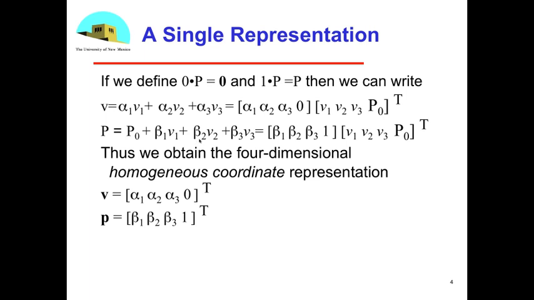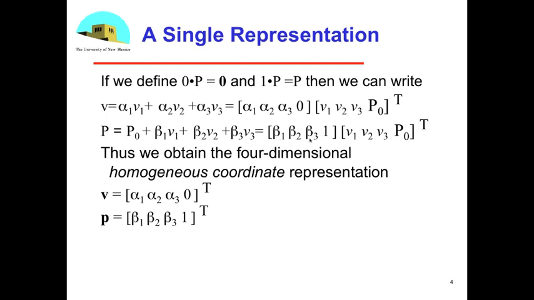Consider a point now. It's p0, the origin, plus beta 1 v1 plus beta 2 v2 plus beta 3 v3. What if I write it this way, using the same row matrix times a column matrix, so it's beta 1, beta 2, beta 3, and I put a 1 here. What happens here? By simple matrix algebra, I multiply corresponding elements and then add them all up together.